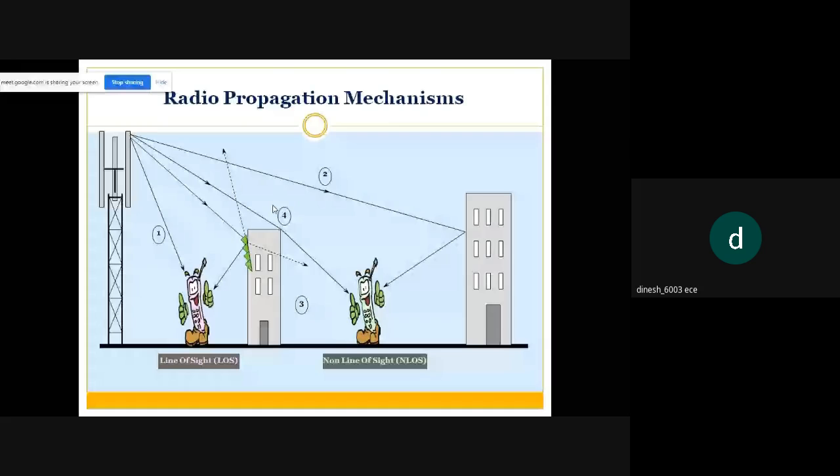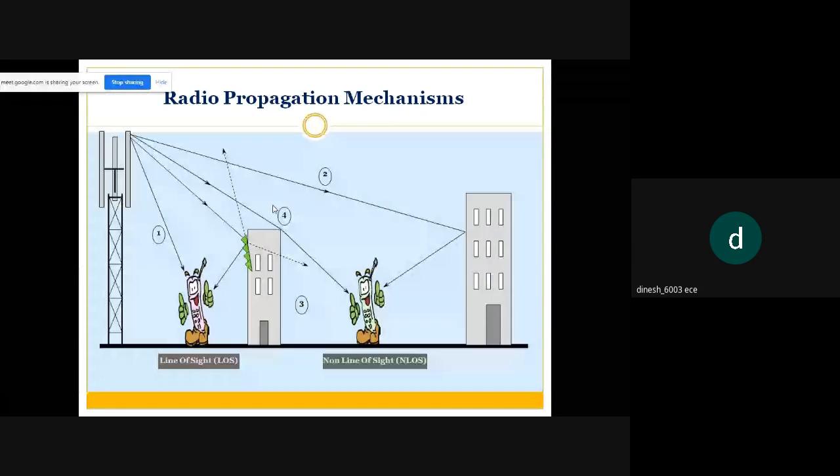So next is non-line of sight. So in previous class, I had shown you line of sight. From the transmitting antenna, the user or the receiver will obtain the signals without any obstacles, reflection, refraction, or scattering.